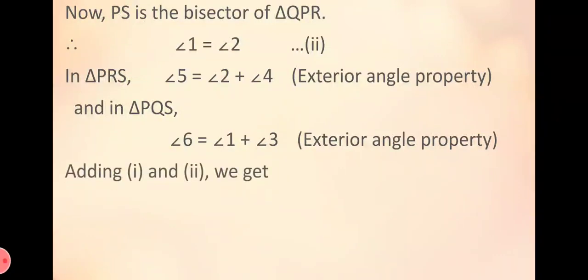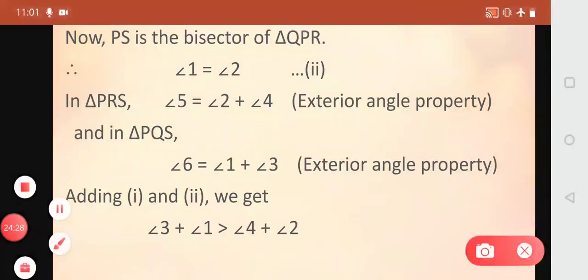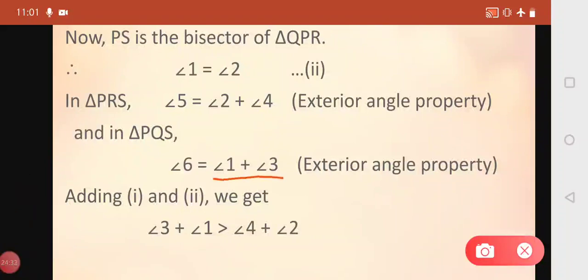Further, adding 1 and 2, we get angle 3 plus angle 1 is greater than angle 4 plus angle 2. Now you can see that angle 3 plus angle 1 is nothing but angle 6. Similarly, angle 4 plus angle 2 is nothing but angle 5.